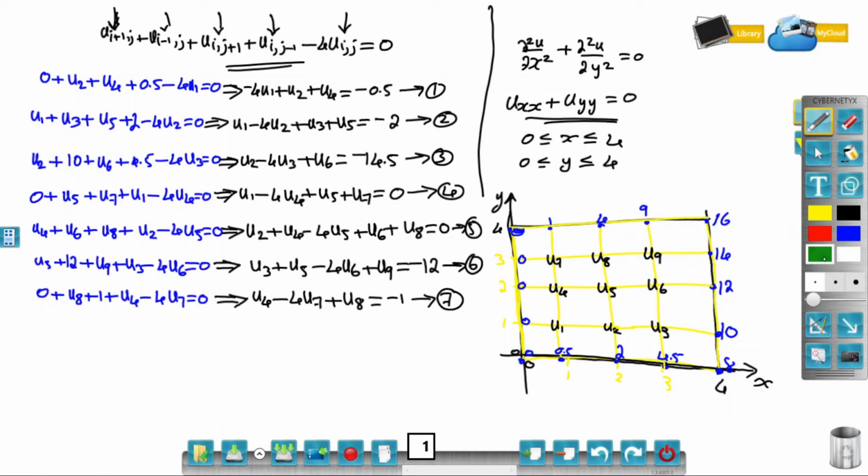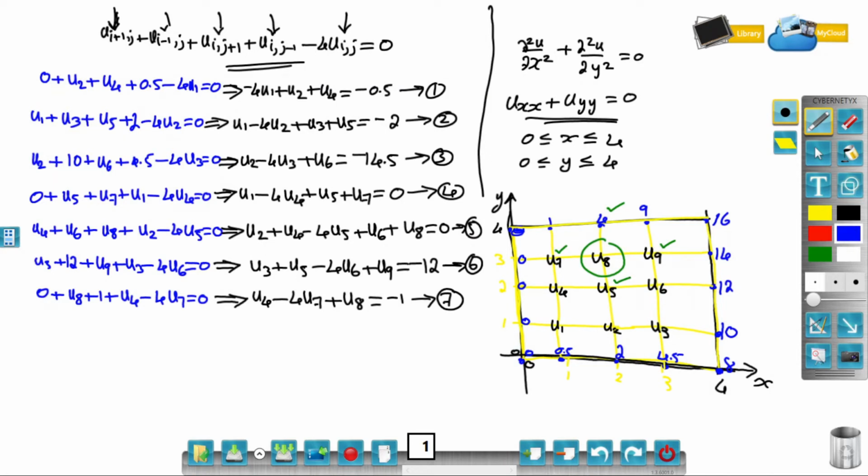Okay. Now take u8 as the current point. So what is the left point? u7. What is the right point? u9. What is the top point? 4. What is the bottom point? u5. So now apply standard 5-point formula. So what we have?